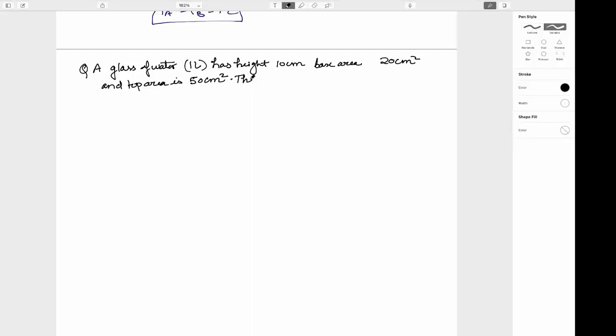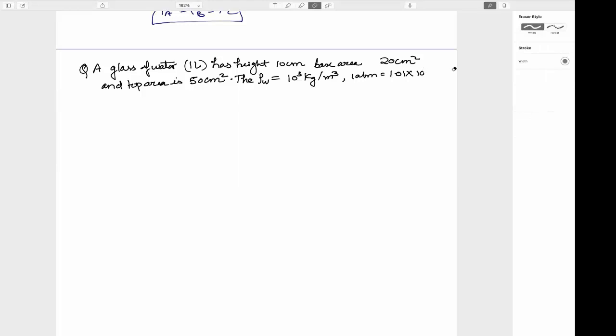The density of water is 10 to the power 3 kg per meter cube, and 1 ATM is given as 1.01 into 10 to the power 5 Newton per meter square.